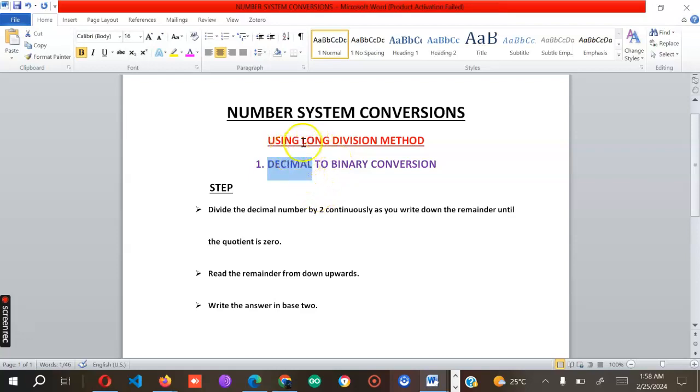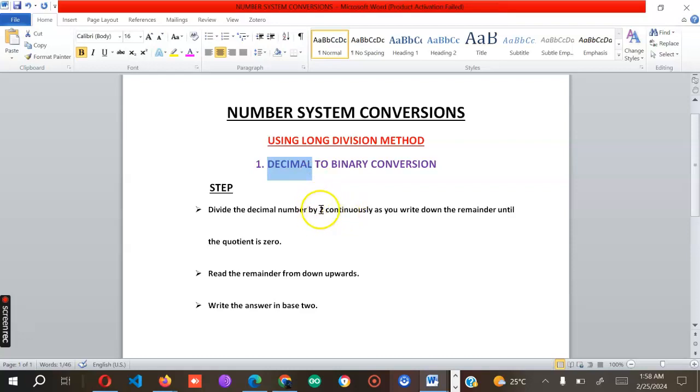For you to convert a number from decimal to binary using the long division method, these are the steps you are supposed to take. Step number 1, you divide the decimal number by 2. Remember, why are we using the 2? Because we are trying to convert the decimal number to binary, which has 2 digits. That's why we are using the 2.